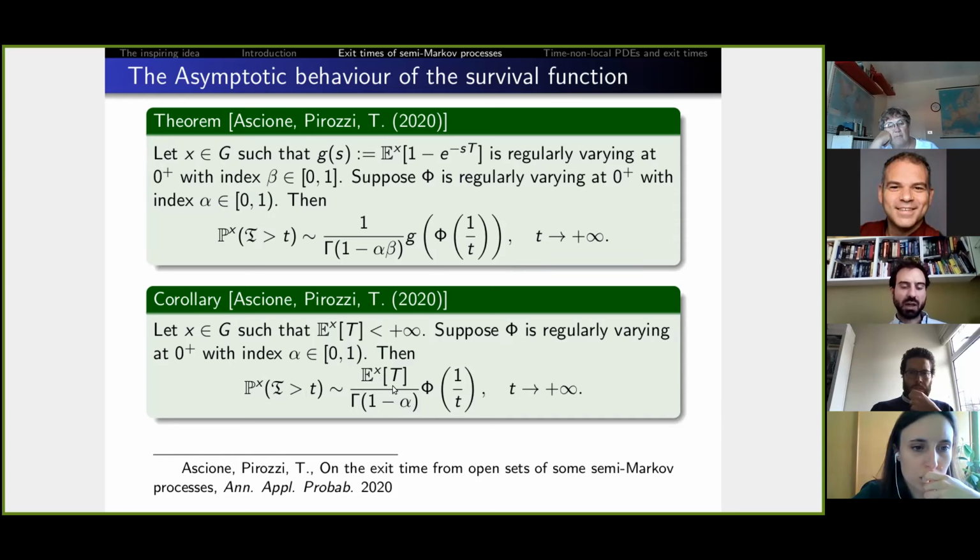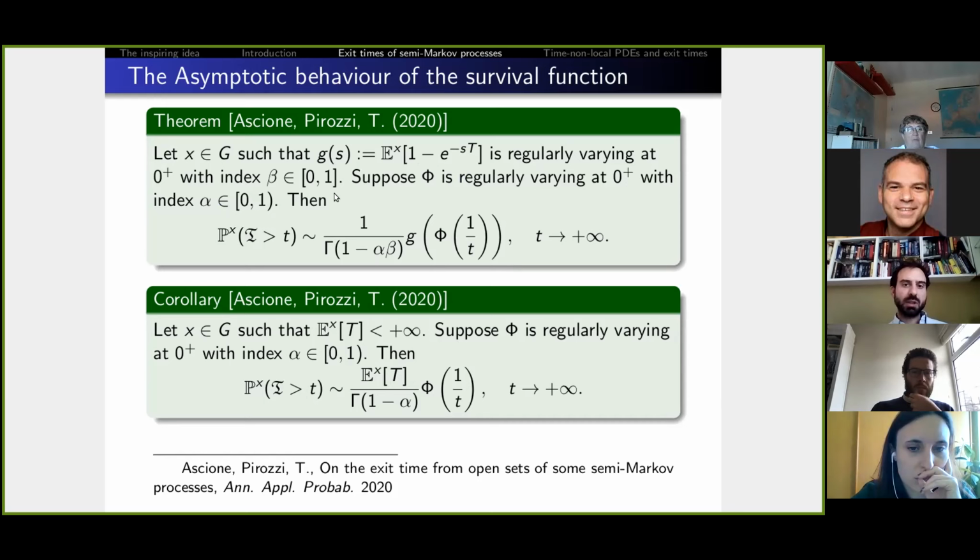The original process affects the tail behavior, in this case, only with the constant in front of it, which is the original expectation, a number, a parameter. In the case of Ornstein-Uhlenbeck, here there is theta, the quantity appearing in the SDE, in the RC circuit.